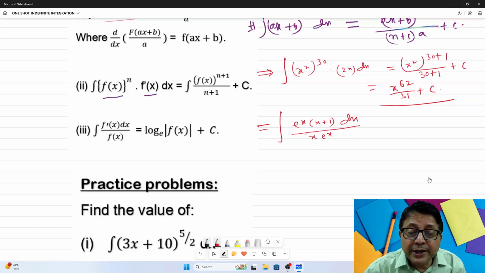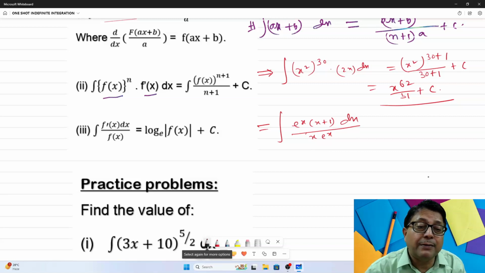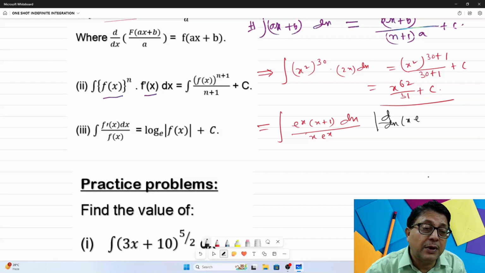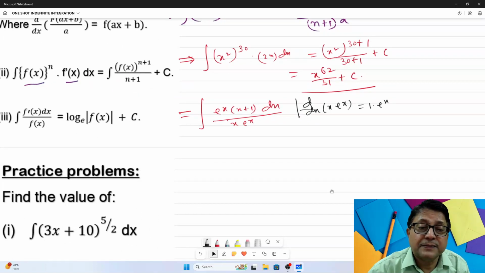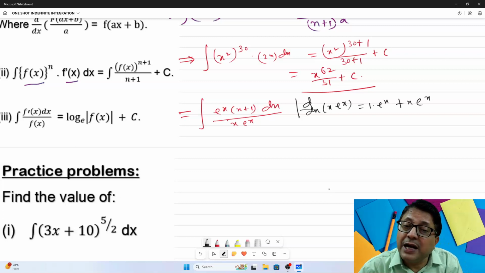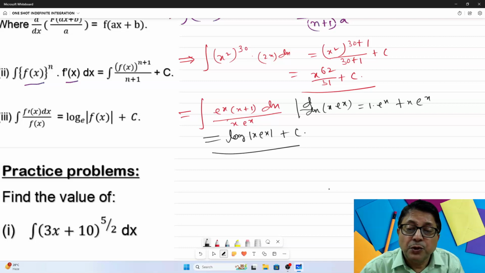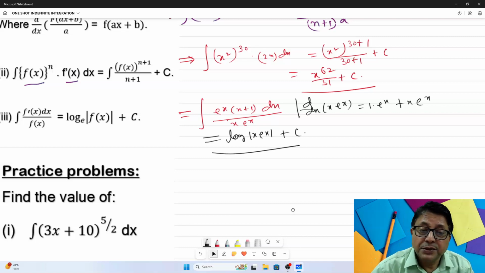So you need to check whether the numerator is the derivative of the denominator or not. d/dx of x e to the power x is 1 into e to the power x plus x e to the power x. The numerator is that only. So the answer you can write directly log of mod of x e to the power x plus c. Hope you all have understood this one also.